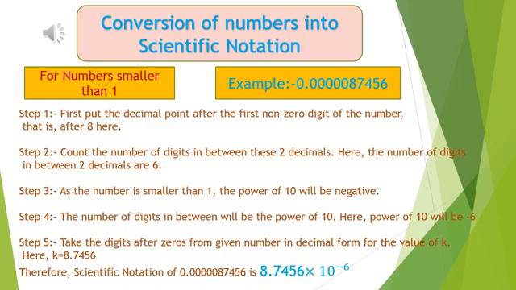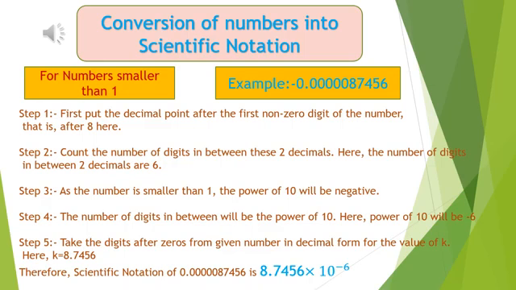Now step number 5. Take the digits after zeros from the given number in decimal form for the value of k. After 5 zeros, how many digits are there? 8, 7, 4, 5, 6. So you need the value of k, and you put the decimal after 8.